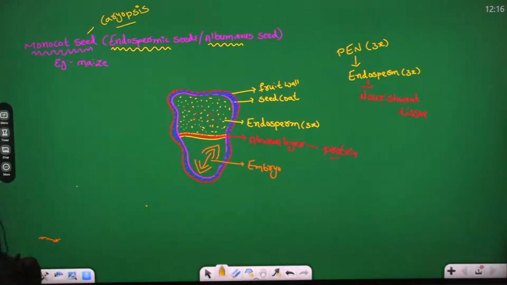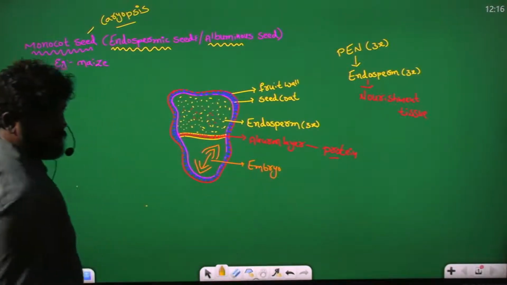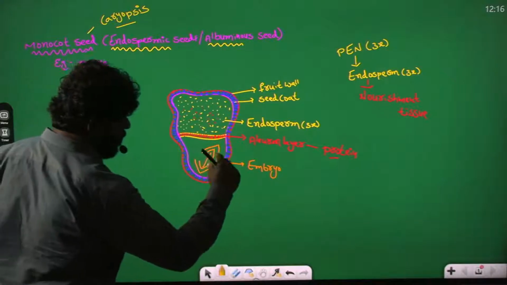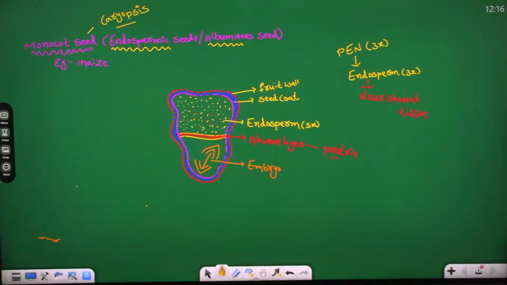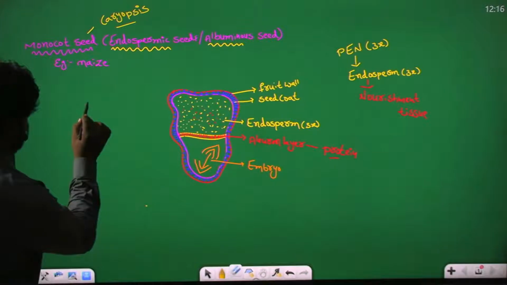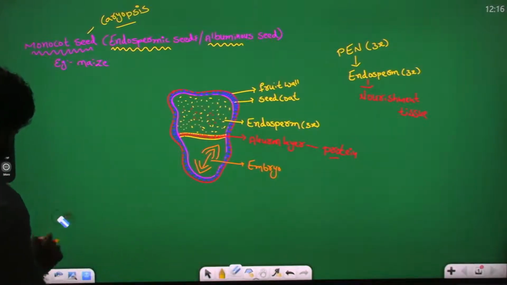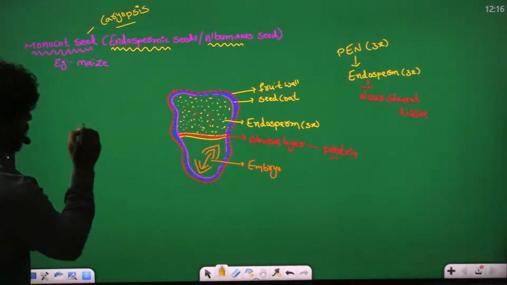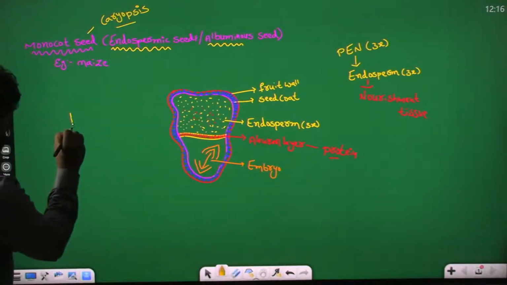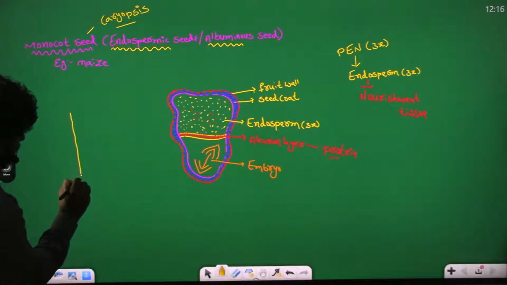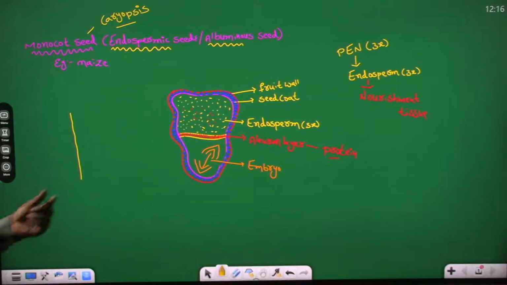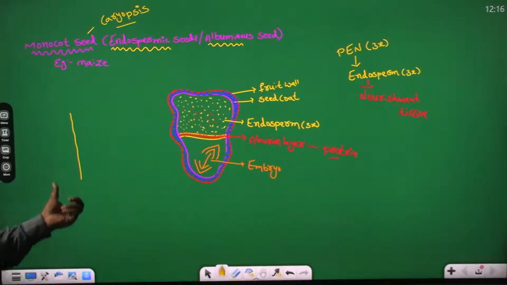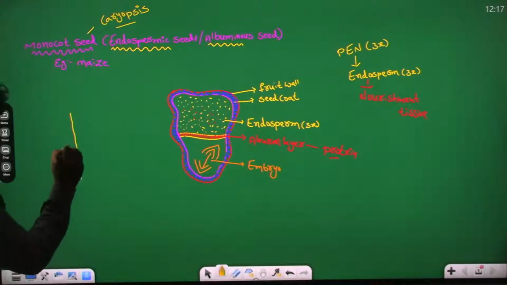Clear? And see, listen, this embryo I am taking outside, to study the structure of the embryo. This is the embryo. In the structure of the embryo, one longitudinal axis is present.